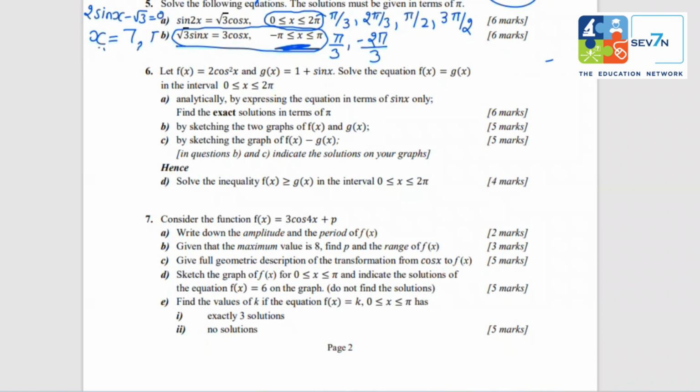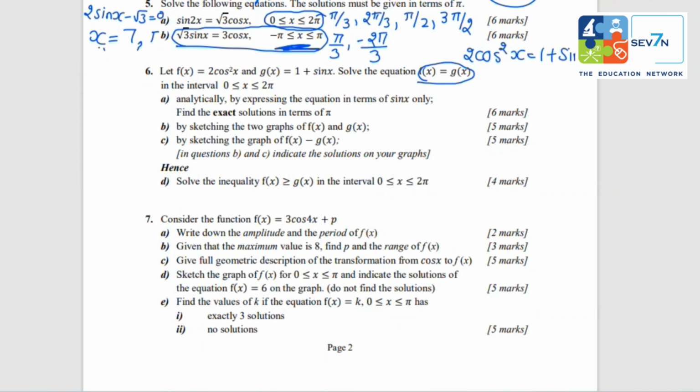We can say that 2 cos square x minus sin x is equal to 0. Your condition is to solve the equation, right? Yeah. I write 2 cos square x, f(x) is equal to g(x), right?